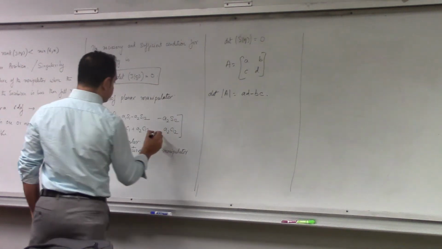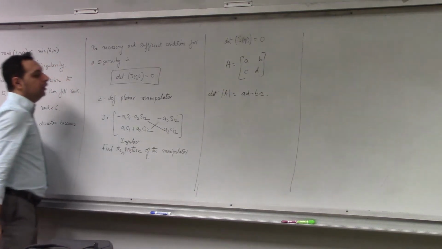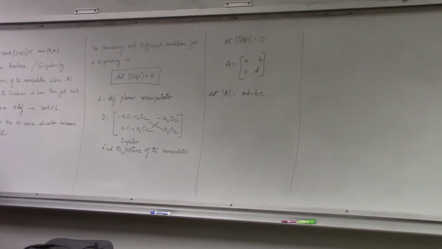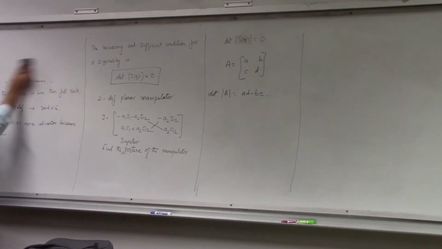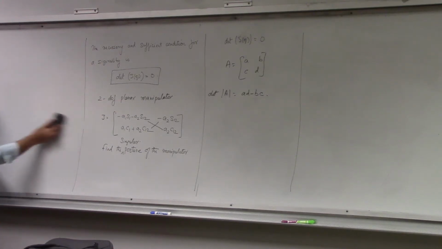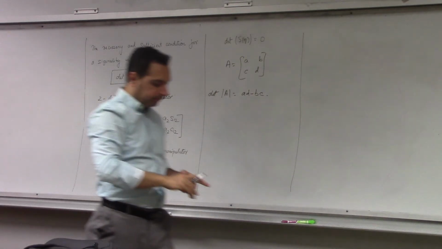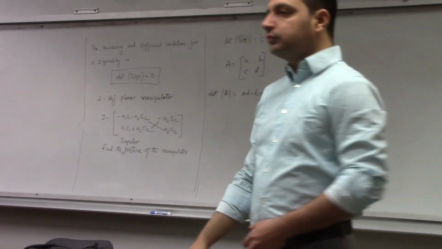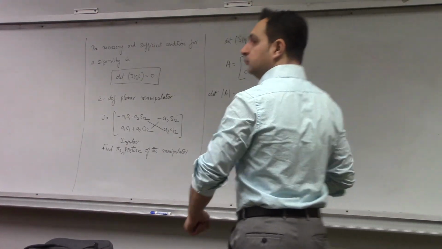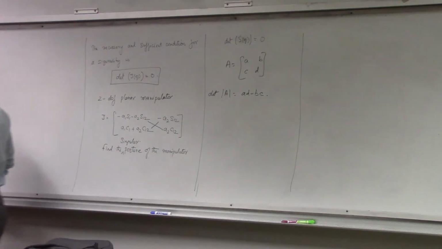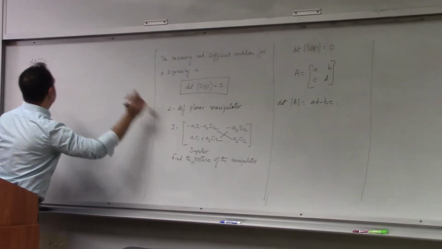So multiply these two and multiply these two. So determinant of J will be equal to AD minus BC, so we'll take this as minus, I'm going to take this whole thing.